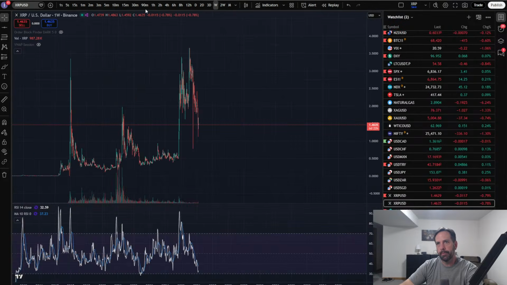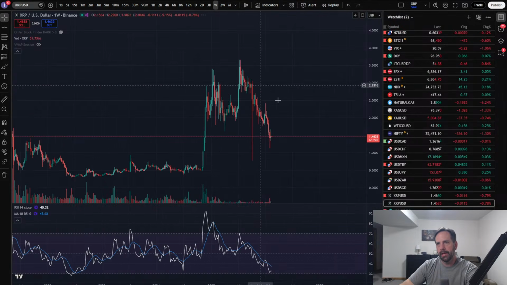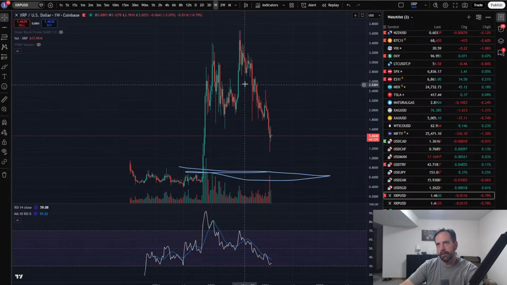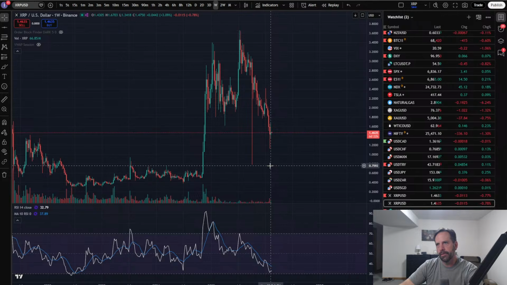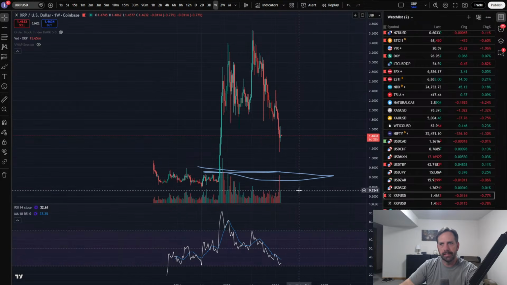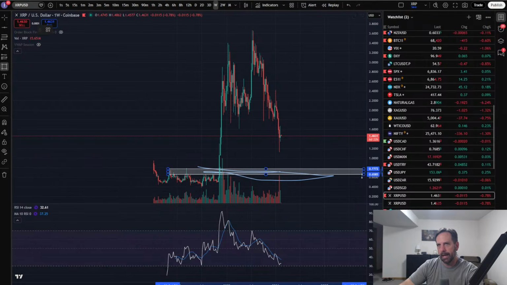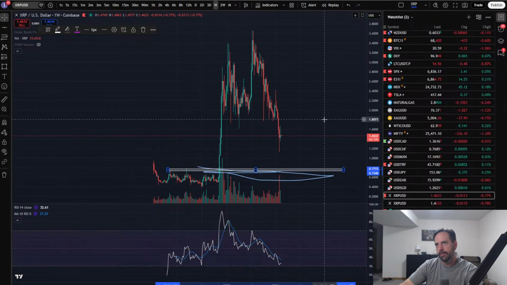Let's take a peek at XRP. XRP, again, let's look on Coinbase. You see how on Coinbase this wick didn't come down? So that wick on Binance came down to 76 cents. So I would not be surprised to see an 80 cent, 76 cent XRP. Is it going to happen this week? Probably not.